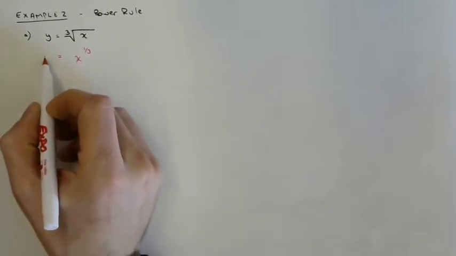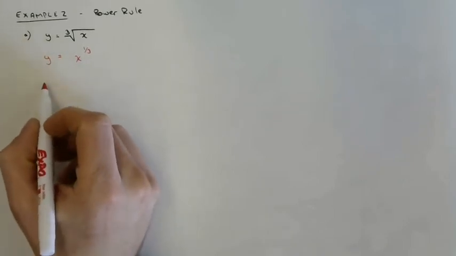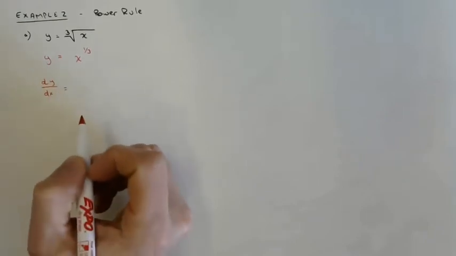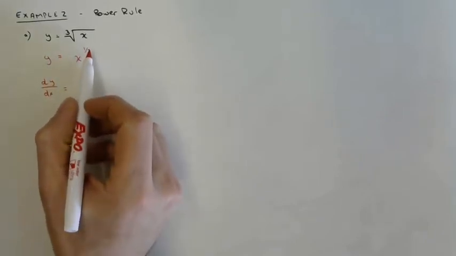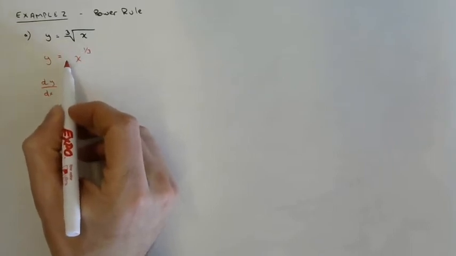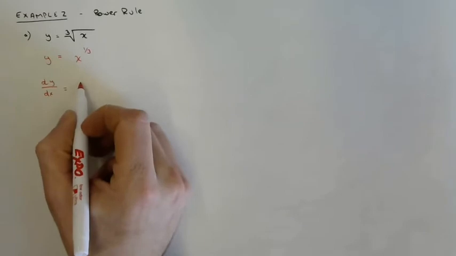So this is still y. Okay, we haven't differentiated yet. But now with the power law, if we're going to differentiate, we're going to find dy by dx. Okay, what are we allowed to do? Well, we take this exponent, and it comes down in front as a multiplier, and then the exponent goes down by 1. Okay, so we'll do it in 2 steps.